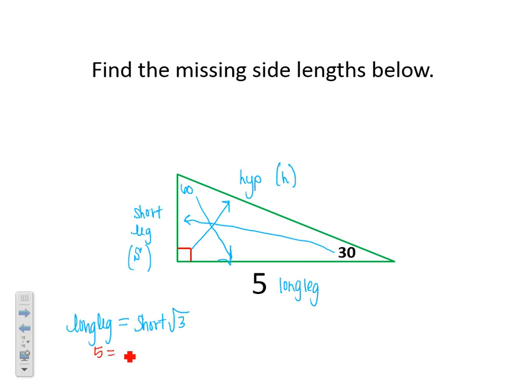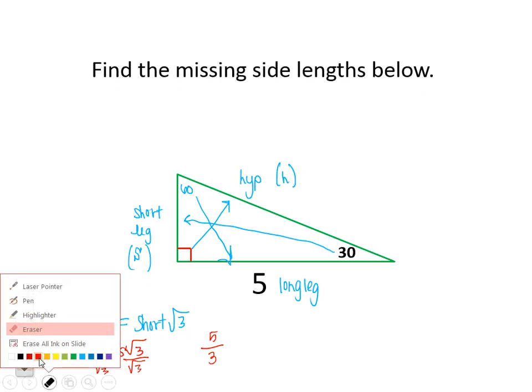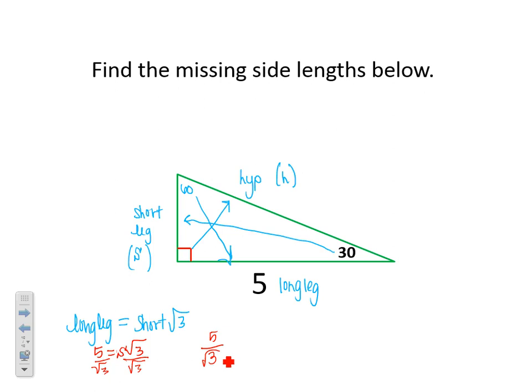So 5 equals the short leg, that s, times the square root of 3. We're going to try to find s, so we got to divide by the square root of 3. 5 over the square root of 3, okay, is equal to the short leg.